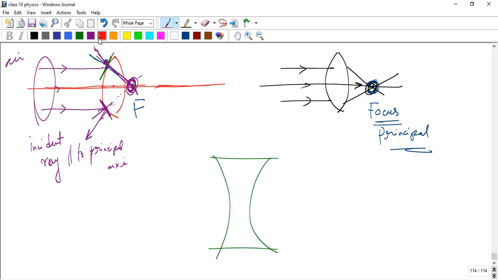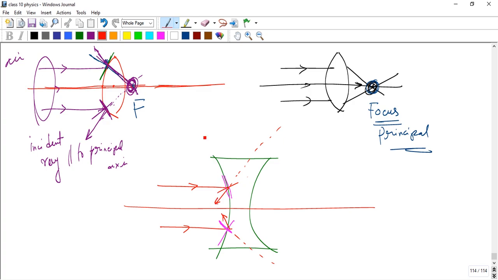That is the principal axis, incident ray parallel to principal axis. Now draw a line of incident, normal. That's why this ray back here, normal, and if I dot it here, back.